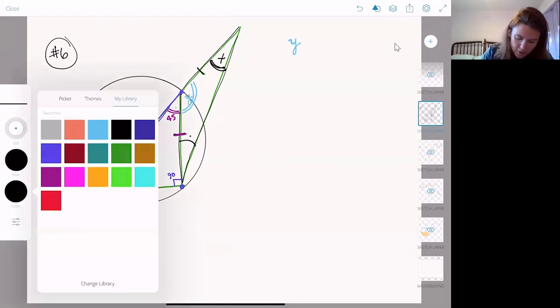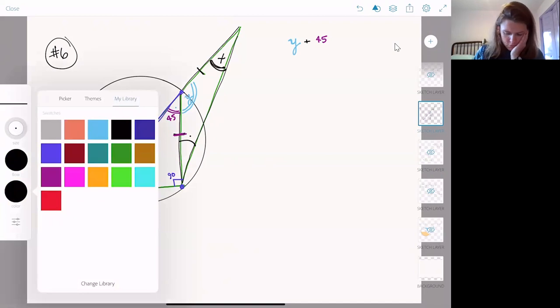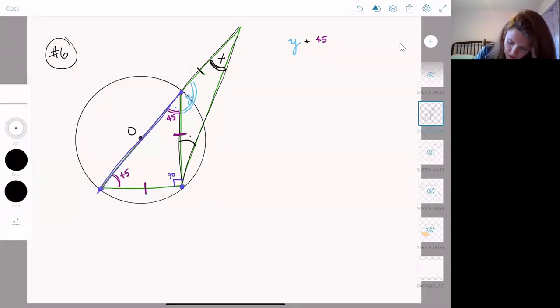So y plus 45 is going to equal 180. And so y here is going to equal 135.